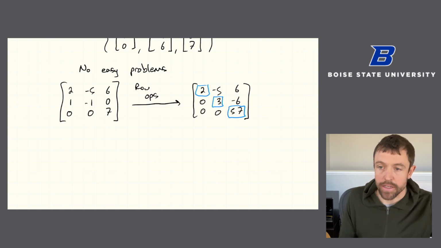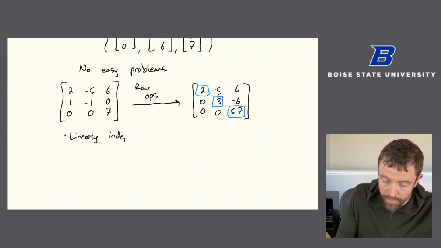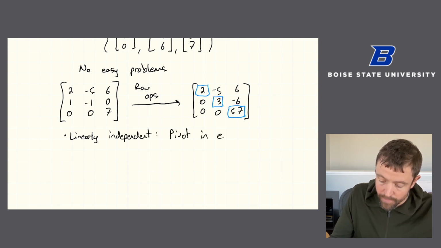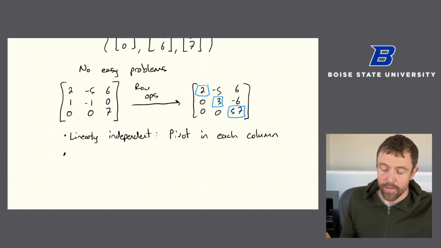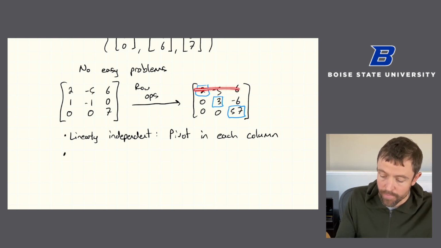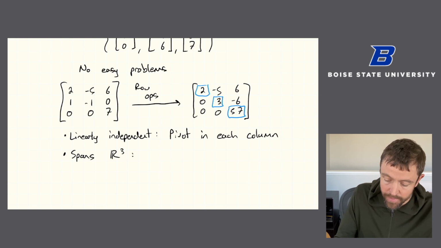So this set is linearly independent. We have a pivot in each row. So it spans Rn, or in this case, R3.